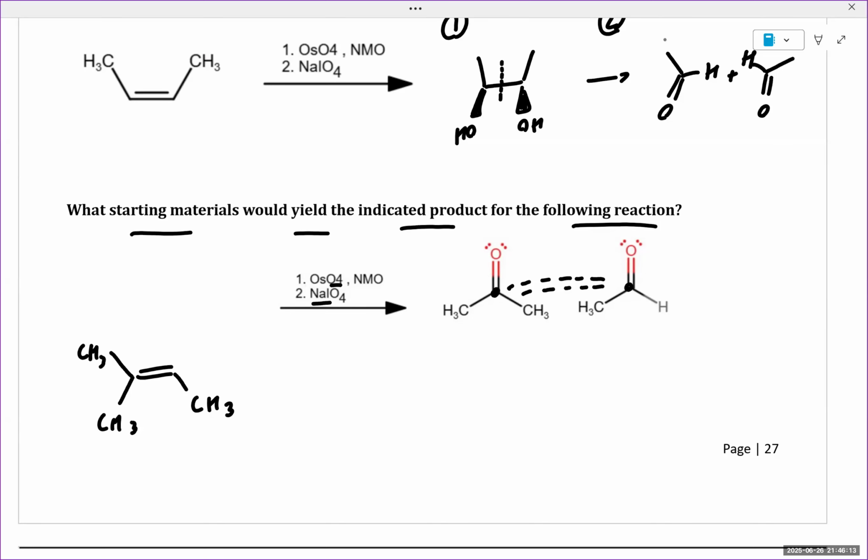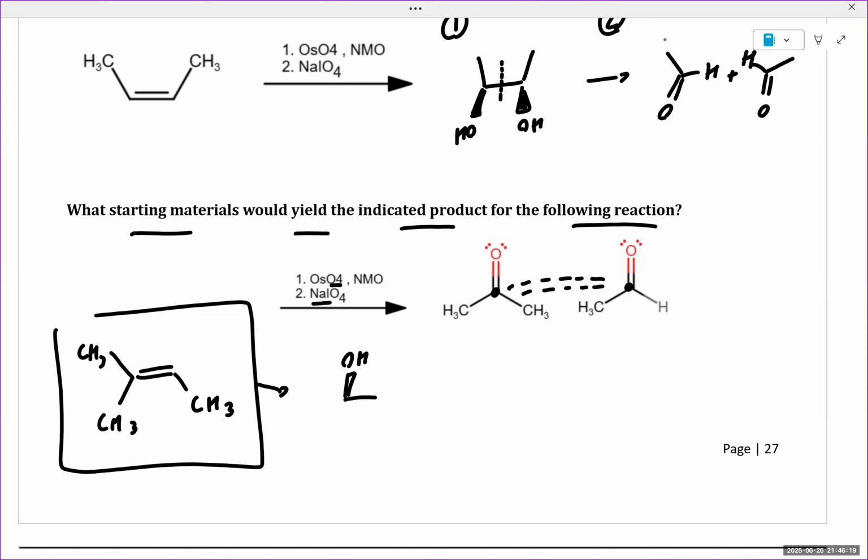So if we use this starting material under these conditions, we would first get the diol, and then from there, oxidative cleavage would give the ketone and aldehyde product respectively. This type of thinking is going to be used a lot in later chapters, and it's an introduction to what is called retrosynthetic thinking.